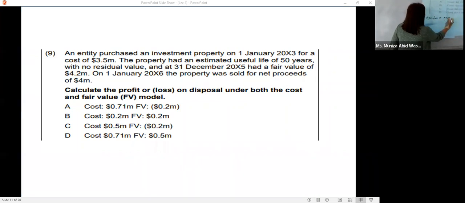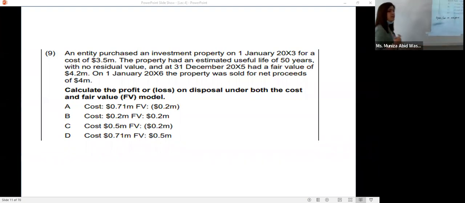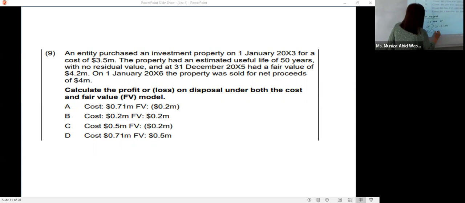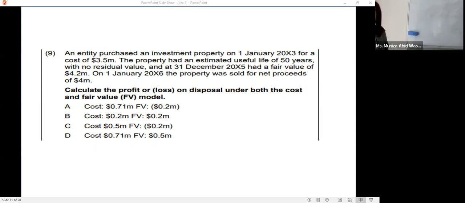When you are calculating a gain or loss on the disposal of a non-current asset, the two values which you need to compare are carrying value and sale value. If the carrying value is more than the sale value, it's a loss on disposal. If the sale value is more than the carrying value, it's a profit on disposal. Profit or loss on the disposal of a non-current asset as per IAS 16 will be recorded in the statement of profit or loss.